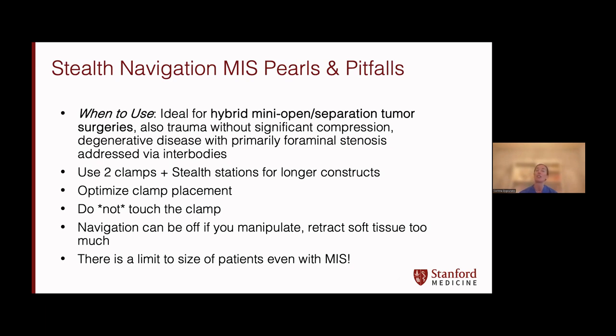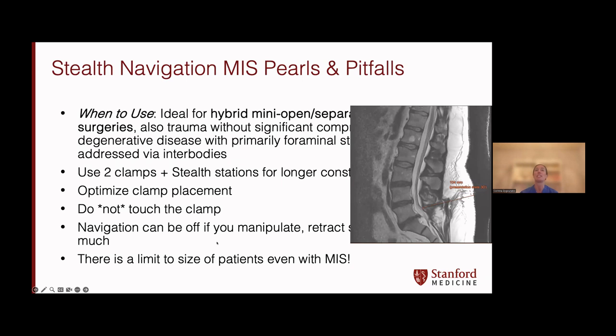And I know it's not so much of an issue with cancer patients because they don't tend to be as large, although I did recently have a metastatic breast cancer patient with acute neurodeficit and a BMI of nearly 50 that I was operating on. So, even though we say that MIS is great for larger patients, there still is a limit to the size of patients that you can operate on with MIS.